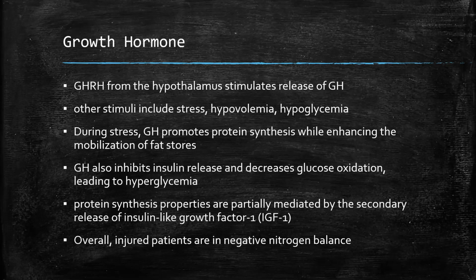Coagulation factors and acute phase reactants and cytokines, these are all small proteins. They have to be synthesized. That has to be ongoing during injury because these factors are critical to surviving the injury. And so growth hormone promotes that type of protein synthesis, even though overall the patient is catabolizing skeletal muscle and sometimes even smooth muscle during this time.